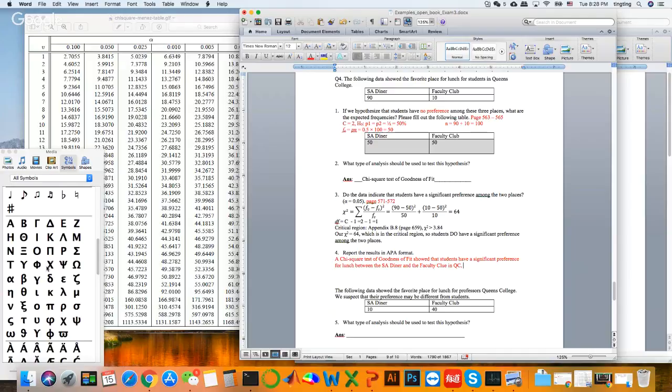So let's report the result. Chi-square equals, the degrees of freedom, right, and n equals 100, equals 64 because it's significant. So p is smaller than 0.05.